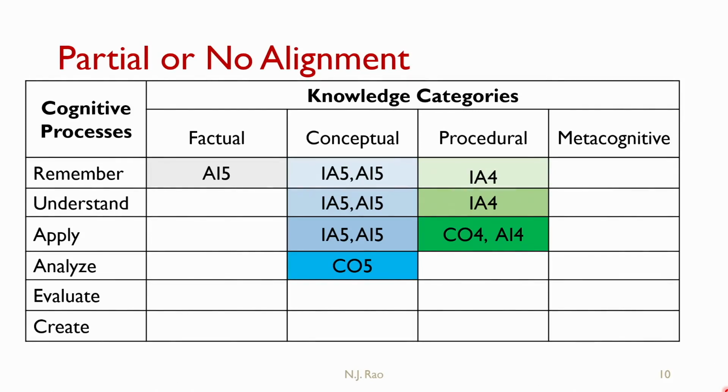Part of the reason is sometimes unintentional, or you just go by what is convenient rather than intentionally avoiding the CO5 cell. Sometimes you may even take a position: yes, CO5 is what is required by the students, but I do not think I can ask questions in that area because too many of my students are likely to fail.